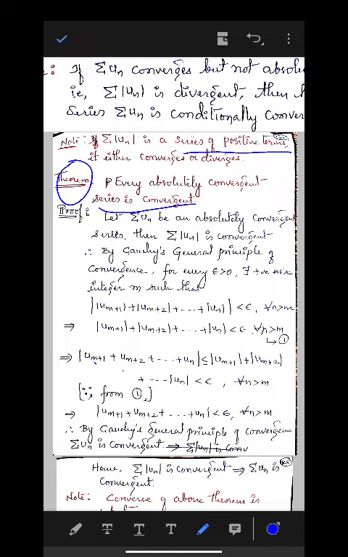Let us prove this statement. Let summation un be an absolutely convergent series.